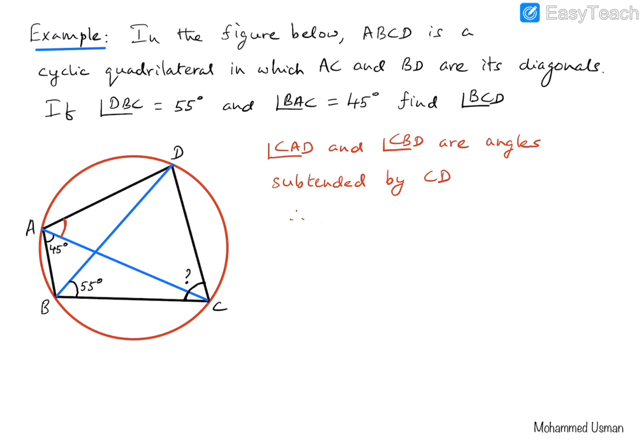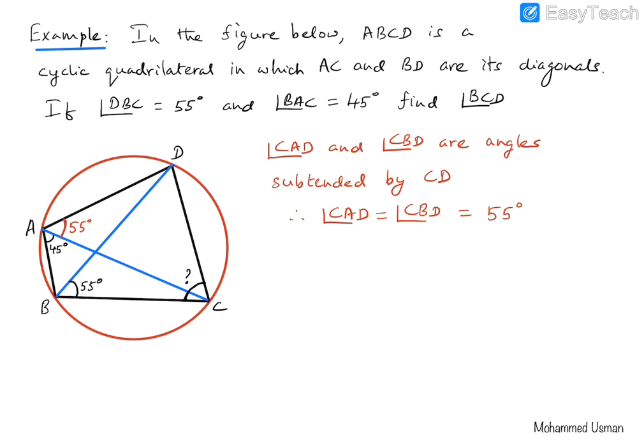So since angle CAD and angle CBD are the angles subtended by the same arc CD or the same chord CD, both these angles are equal. So we have angle CAD equal to angle CBD. And since we know that angle CBD is equal to 55 degrees, CAD should also be equal to 55 degrees. So we get this angle CAD to be equal to 55 degrees.